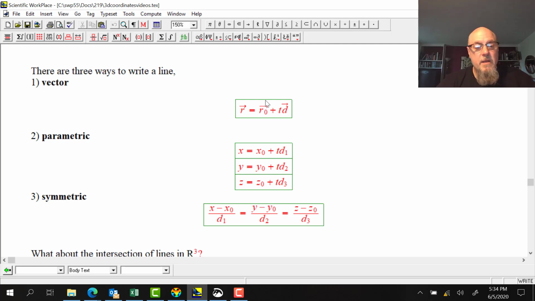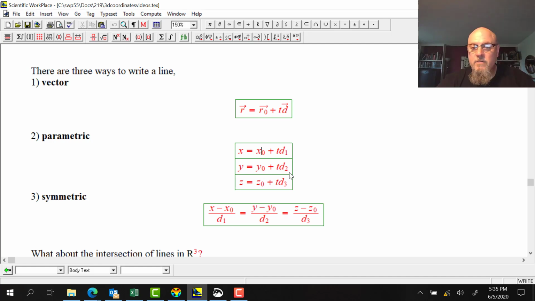I can see how to get from the vector to the parametric or back and forth. How do I get to the symmetric? You get to the symmetric by taking each one of these parametric equations and solving it for t. So if I solve this top equation for t, the x naught would come over, it would be x minus x naught divided by d1.